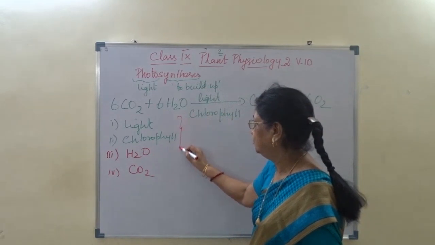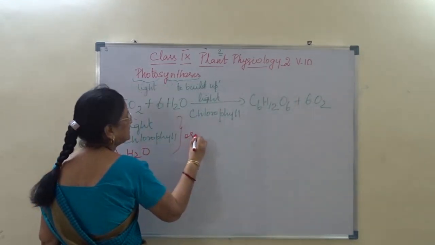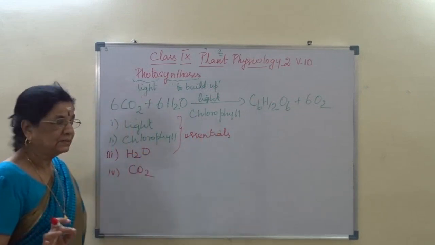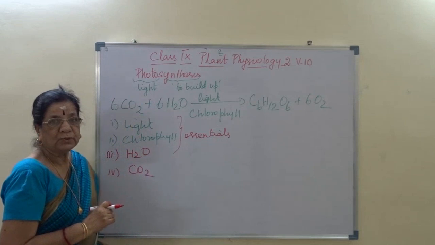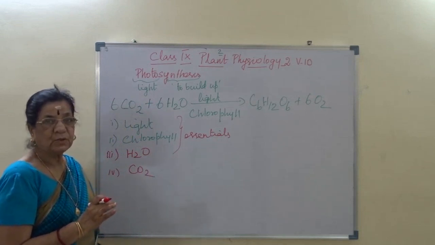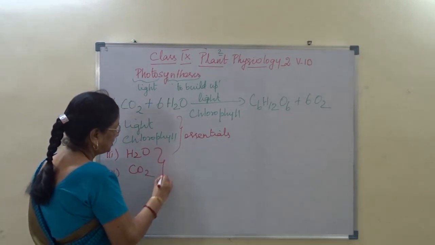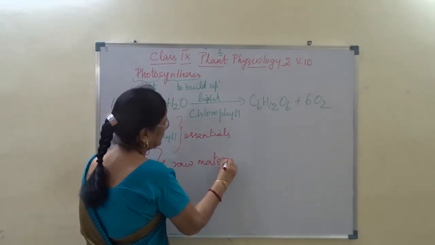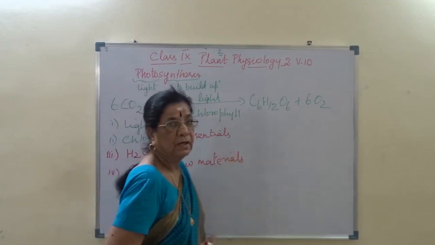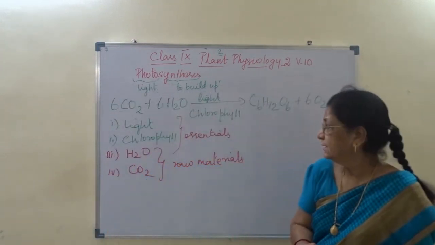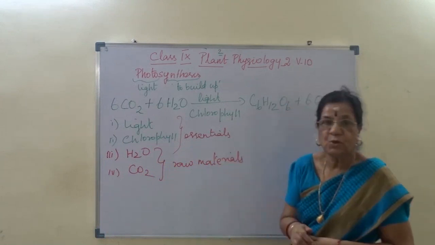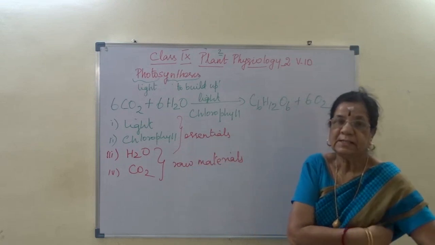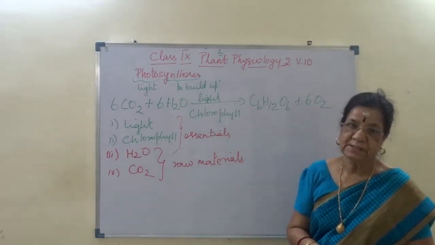Light and chlorophyll are the essentials of photosynthesis, without which photosynthesis does not take place. Water and carbon dioxide are the raw materials.